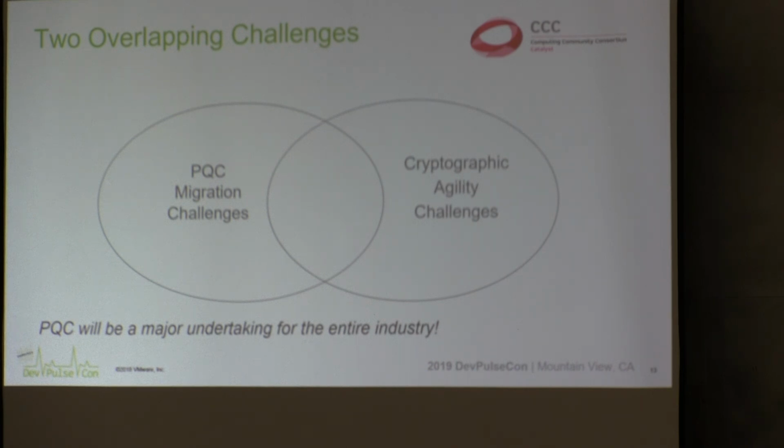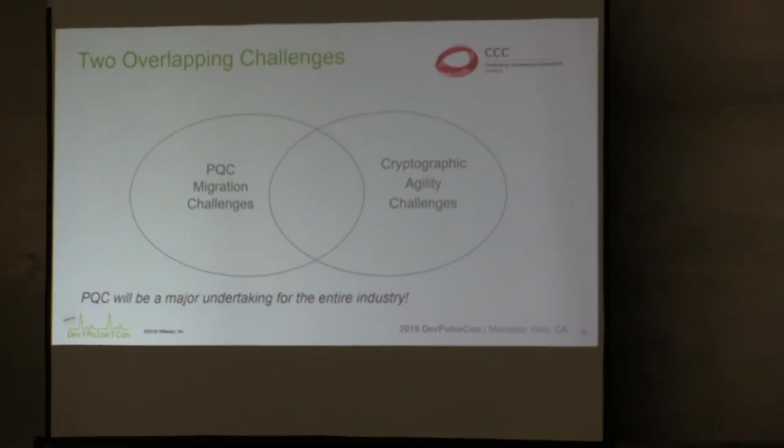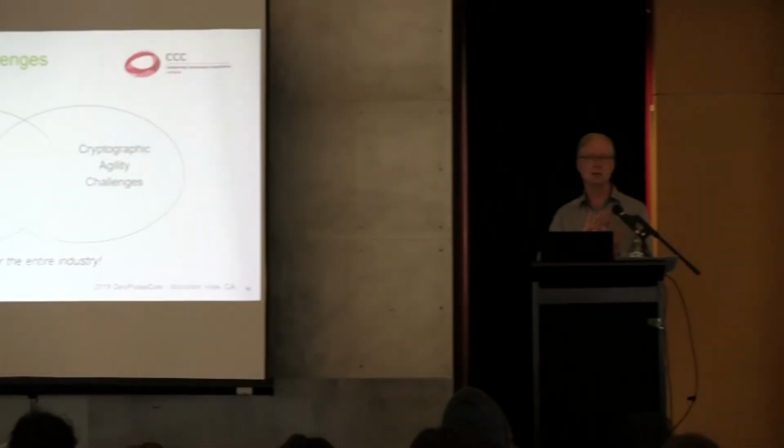Because our public key cryptography algorithms are so extensively used throughout the world's communication infrastructure, across our computing stack, whether it's acceleration elements in the platform, whether it's authentication, whether it is identification schemes. They're very extensively used. So to unravel all of our usage of cryptography in order to make these changes, using methods in PQC migration and cryptographic agility, will really be a serious undertaking for the whole industry.